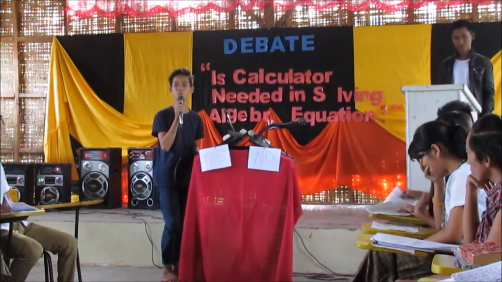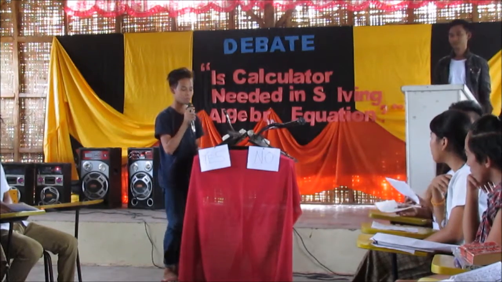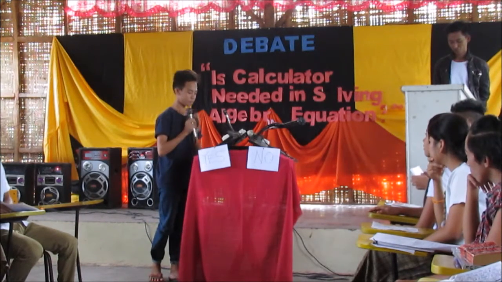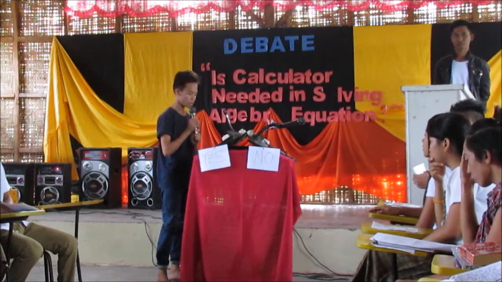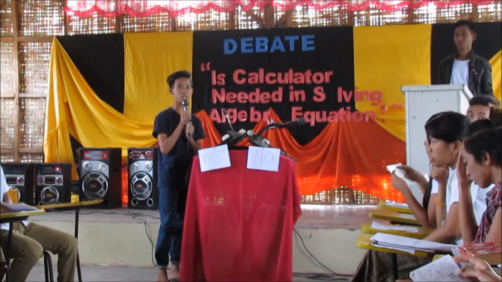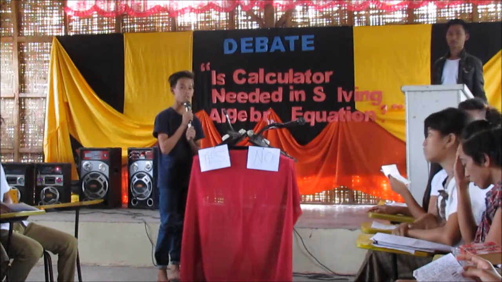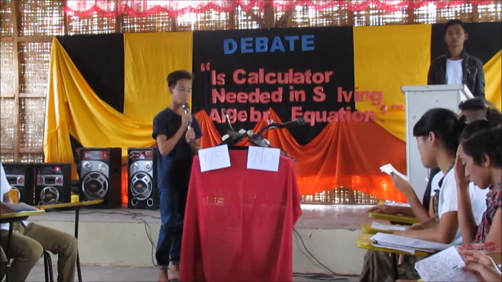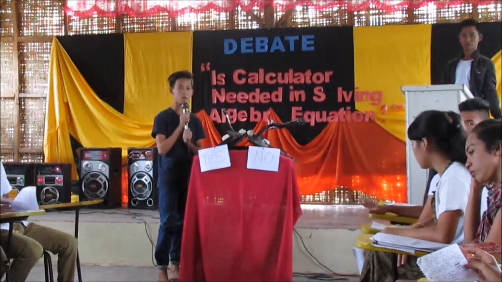Good afternoon to everyone. Our Board of Judges, ma'am, good afternoon. Calculator is very important in algebra equations. Although it has a variable in the equation, we need to use a calculator to make sure that our answer is correct. When you enter an equation into the calculator, the calculator will begin expanding or simplifying the problem.